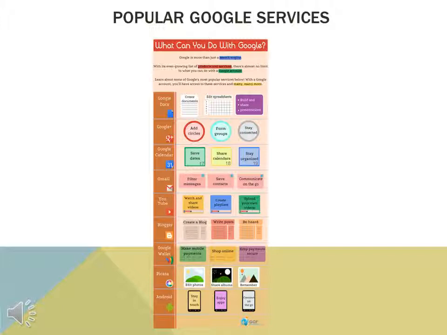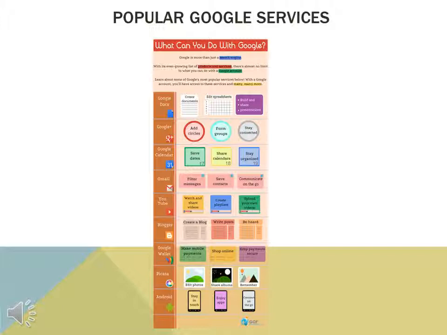You've also got Picasa, which allows you to edit pictures and share albums. Within Google Docs, you've also got your forms, which allows you to do surveys. You also got web design, which is called Sites, and so on. And of course, Android is automatically linked to Google. If you have an Android device, then you probably already have a Gmail account and you're using it.